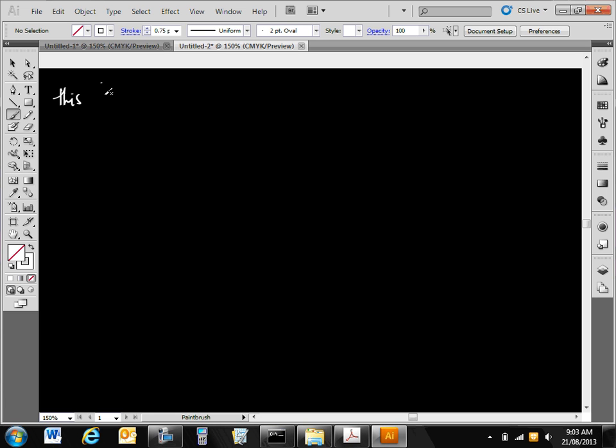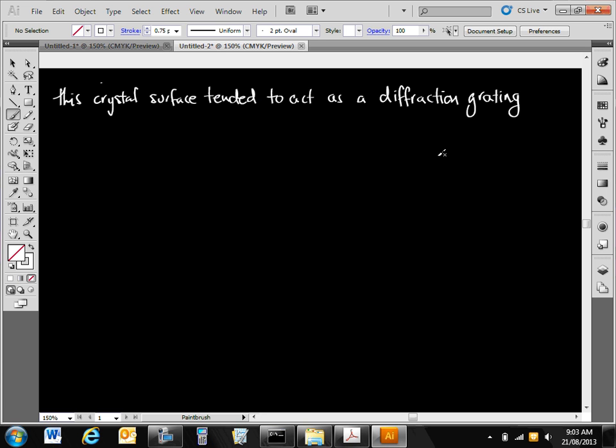This crystal surface was tending to act as a diffraction grating. We call this the Davisson-Germer experiment.